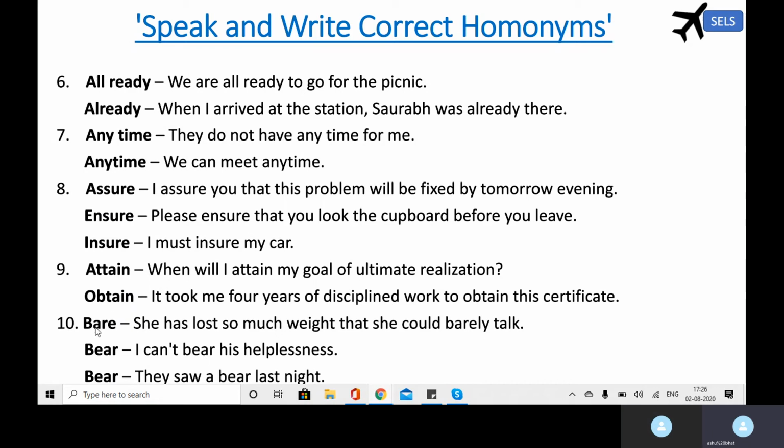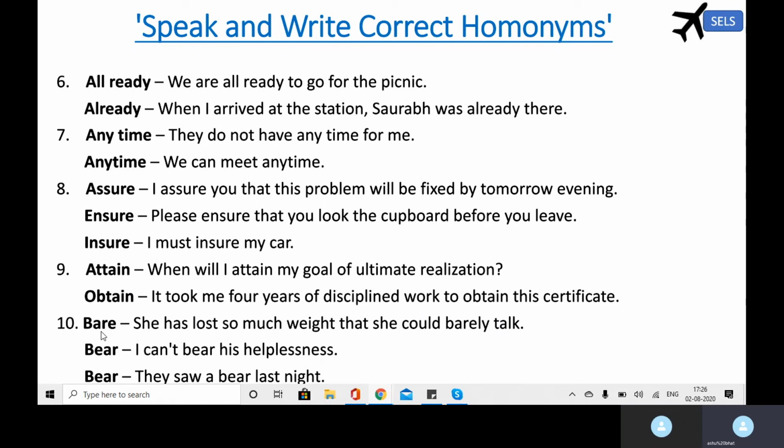And barely is very meager. She has lost so much weight that she could barely talk. I mean, we all want to be thin, and we want to be healthy and fit and lean. But if somebody is too thin that she has no energy to do any activity of the day, neither she can walk, neither she can talk, then we say she can barely do activities.